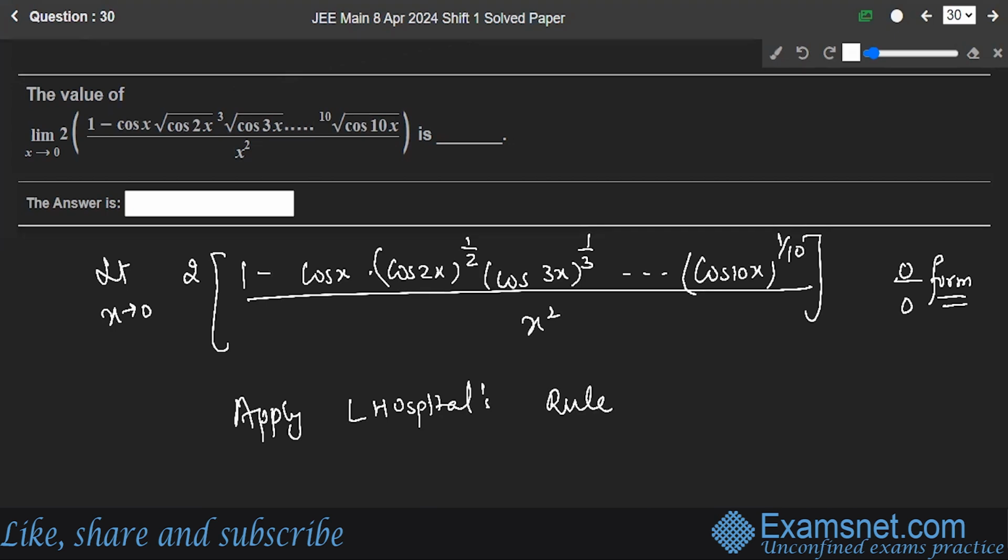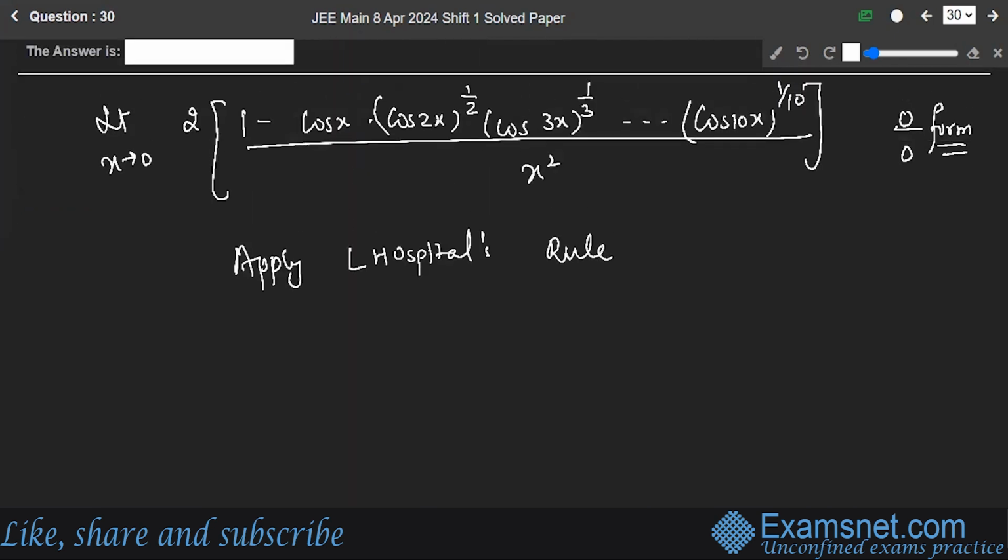According to that, you will have this limit 2, I'm taking outside, x approaching 0, sine x cos 2x power 1 by 2, and so on. It will go like first function or rest of the function, plus derivative of first, so on till cos 10x raised to power 1 by 10, plus.